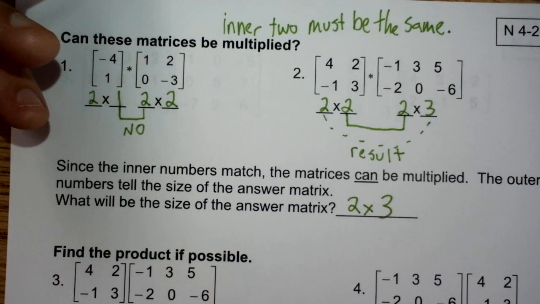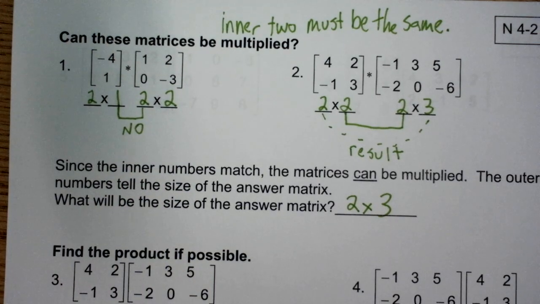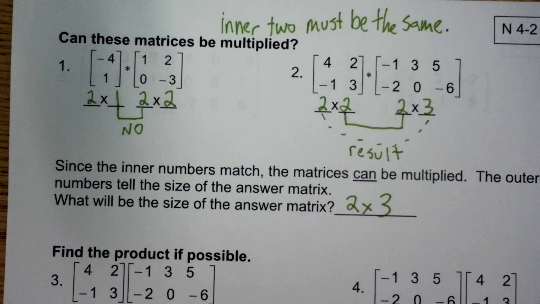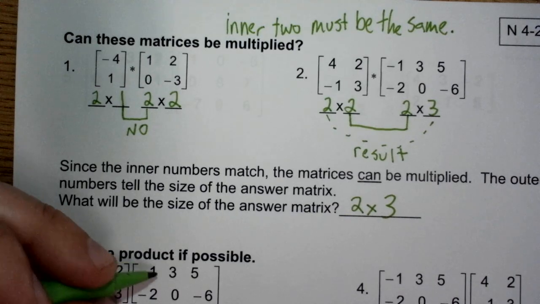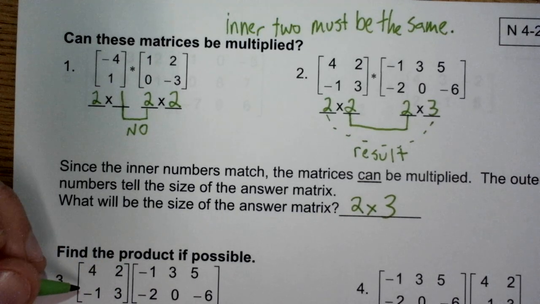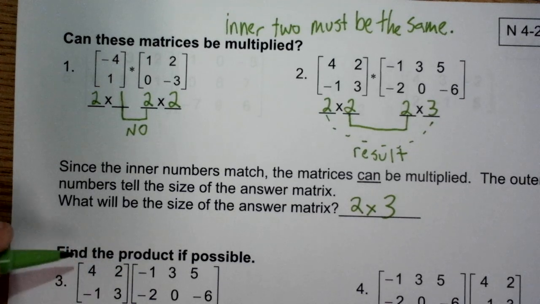So let's start figuring out how we multiply these together. As I multiply them, I'm always going to multiply the first row by the first column.